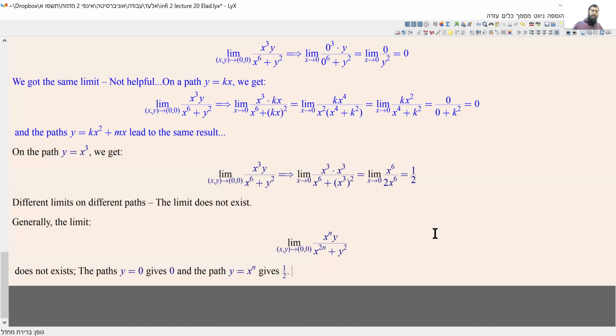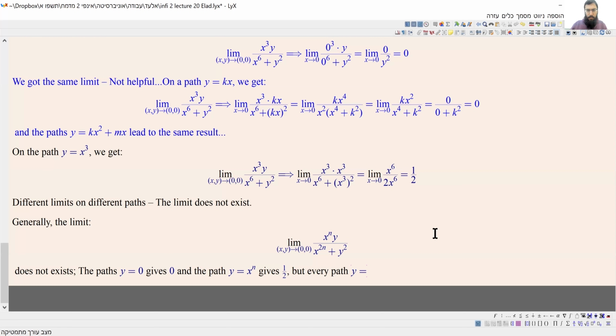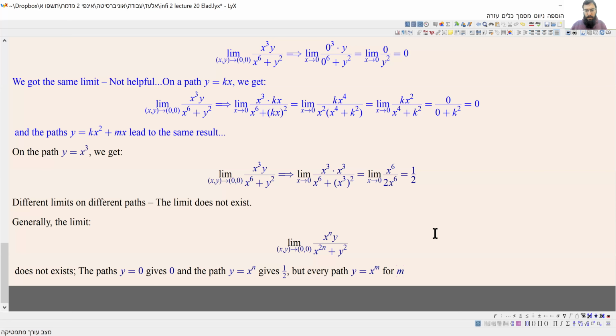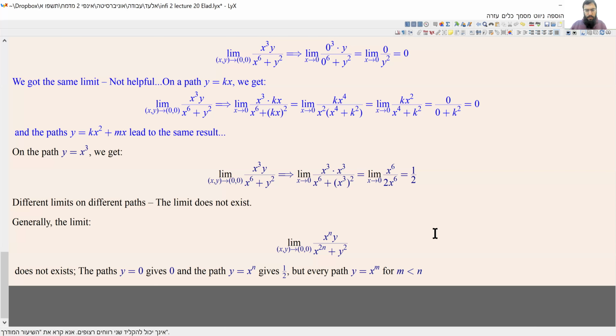Moreover, every path y equals x^m for m smaller than n gives 0 as well.